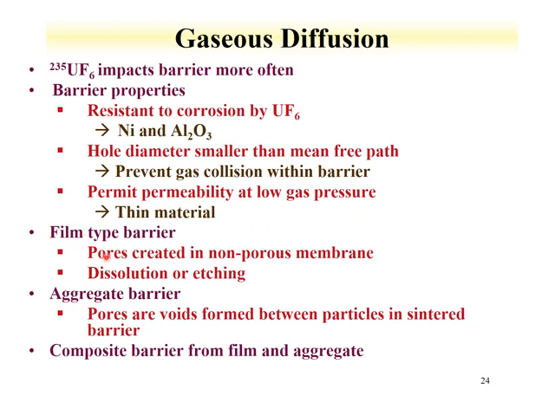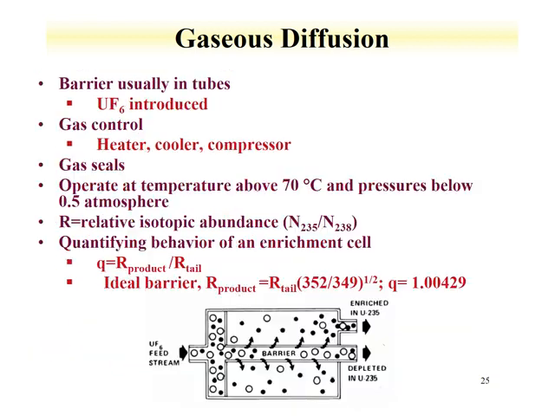There's a few types of materials that have been examined. A film type with pores created in a non-porous membrane. This can be done by dissolution or etching, or an aggregate barrier where the pores are voids between particles in a sintered barrier. Often the material is a composite barrier from films and aggregates. An example of a gaseous diffusion system is shown here.